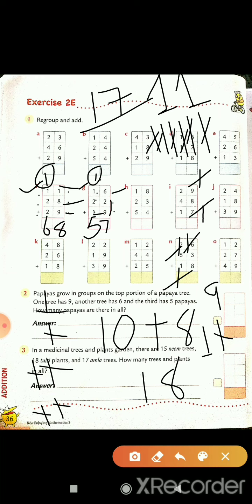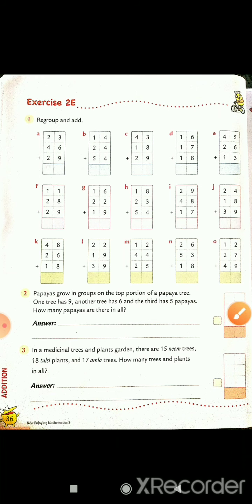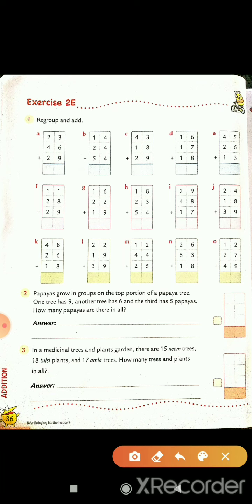Got it, students? In the same way, you have to add all these numbers. So this is your homework. You have to do this in your textbook only. Whenever our school will reopen, I will check whether you have done it or not. Clear, students? These sums are your homework.